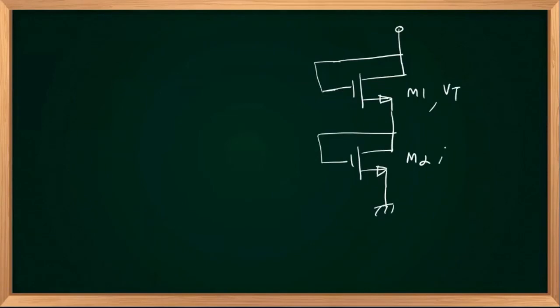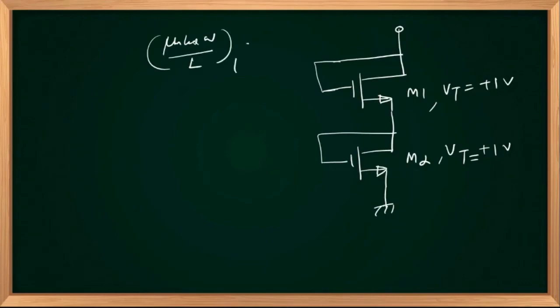Both VTs are the same, plus 1 volt. Both mu n C ox W by L of 1 is equal to mu n C ox W by L of 2. They're all parameters.